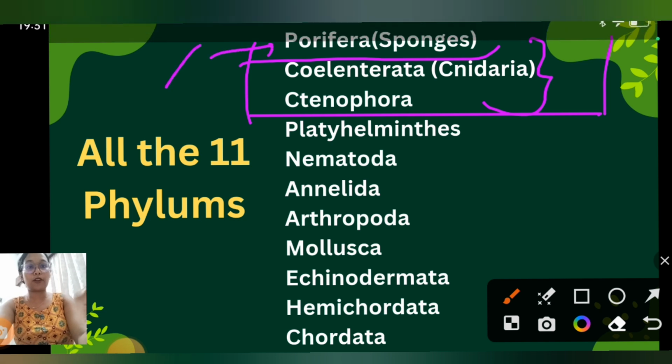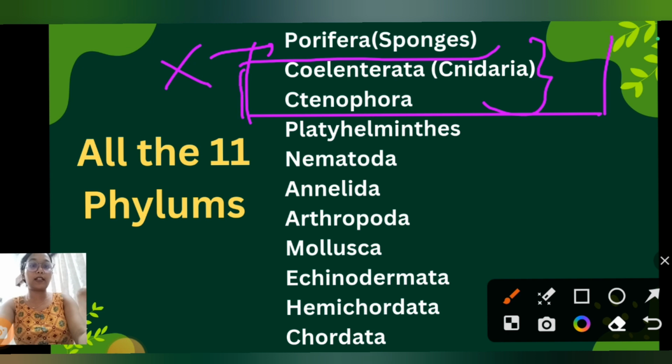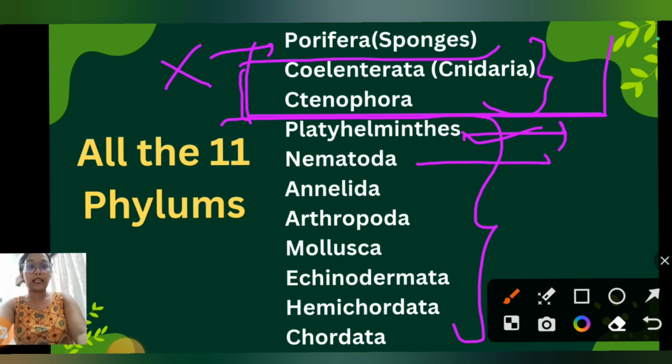In case of Porifera, the germ layer itself is absent. In case of Coelenterata and Ctenophora, it is diploblastic, since there is no mesoderm, so no question of any coelom. Then from Platyhelminths it will start. It is acoelomate. Then comes the pseudocoelomate, then these are coelomate. Is it clear?